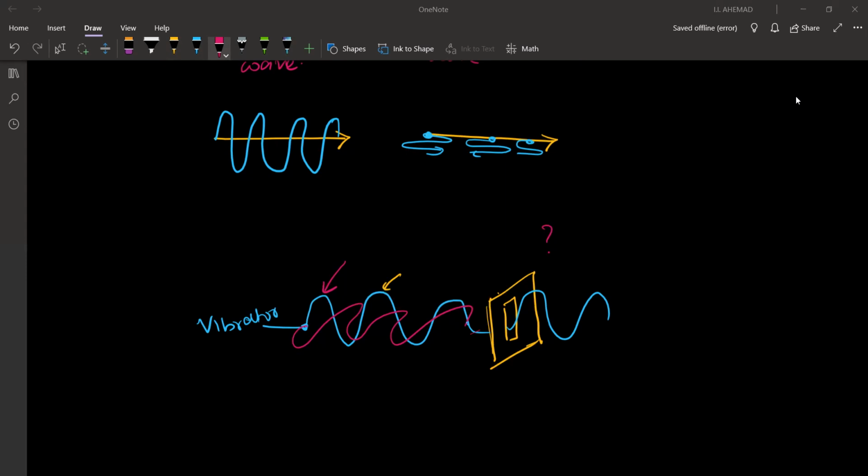Let's think about polarizing a longitudinal wave. So this is the longitudinal wave, and again I use the same piece of cardboard, same slit. As the molecules are vibrating back and forth, can I filter out? Can I polarize any of the planes, if it is a longitudinal wave?